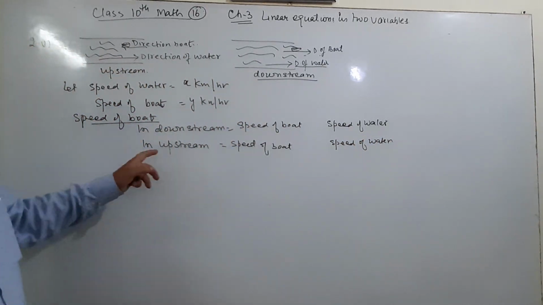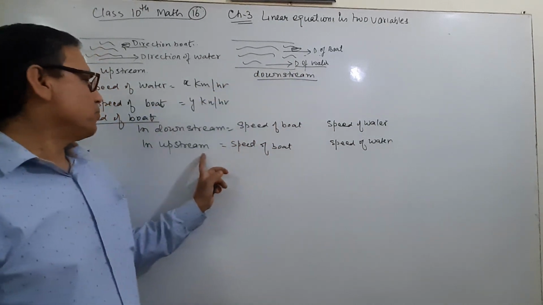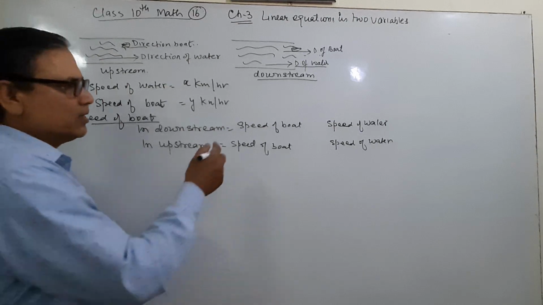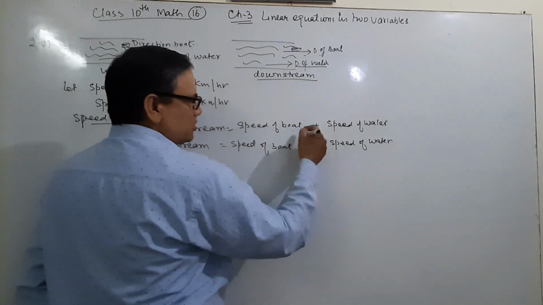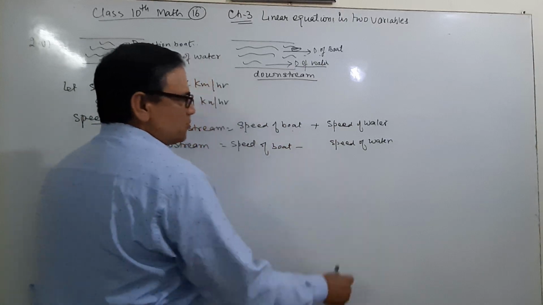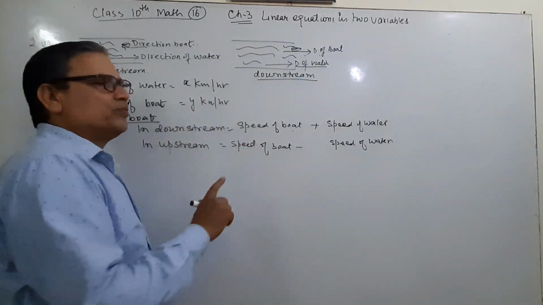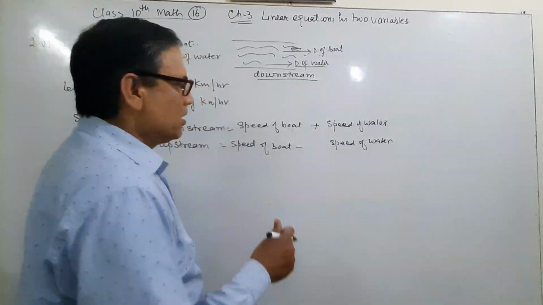In downstream, the speed of boat is more than the speed of boat in upstream. So downstream is speed of boat plus speed of water, but upstream is speed of boat minus speed of water. In upstream there will be a difference, and in downstream there will be an addition.